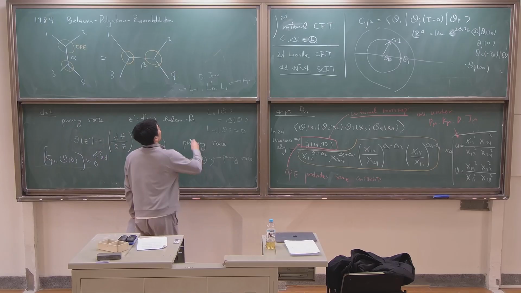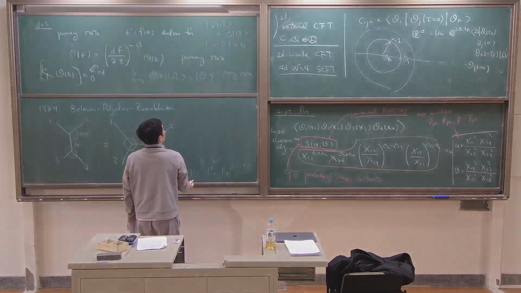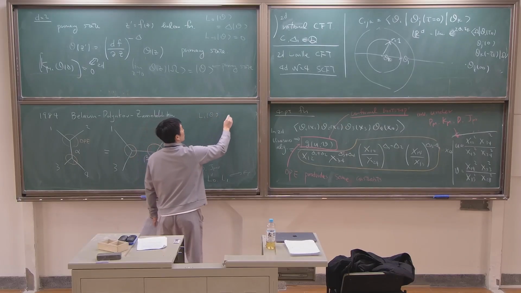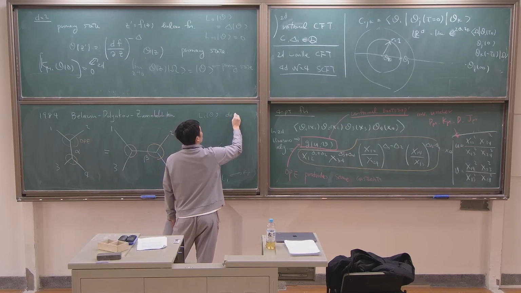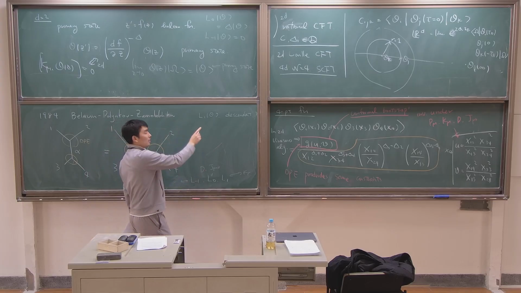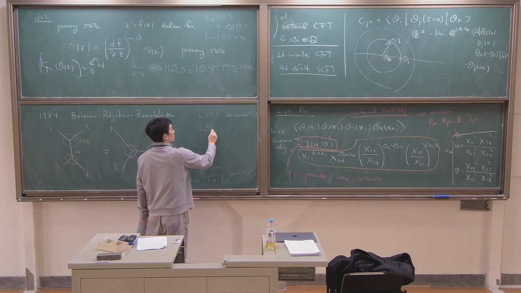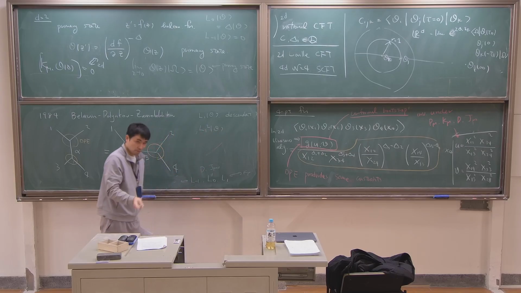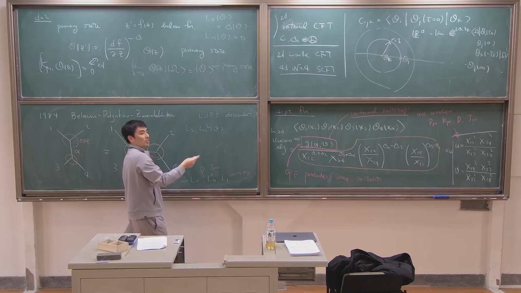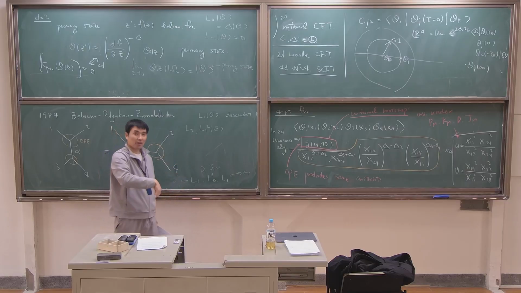And then here we just consider L_{-1} of O. This is a level 1 descendant, and then you can consider L_{-1} squared O. But in two dimensions, there are many more operators, so L_{-2} can act on O, and so on.